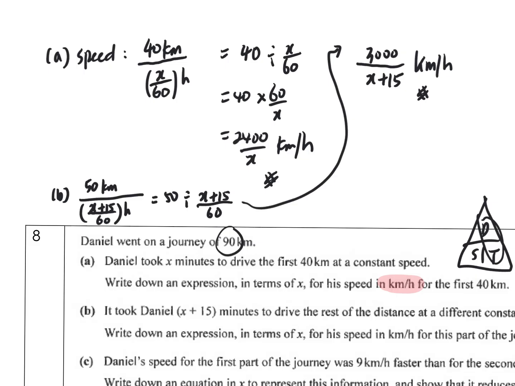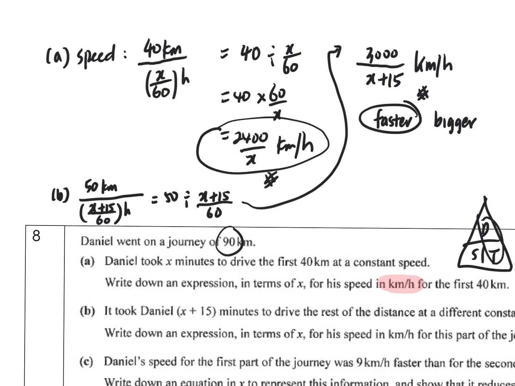This is part A's. And then it says the speed for the first part of the journey was 9 kilometers per hour faster. So faster means it's a bigger magnitude, right? So this is a faster speed as compared to this one. So you use A minus B. Their difference should give you 9.